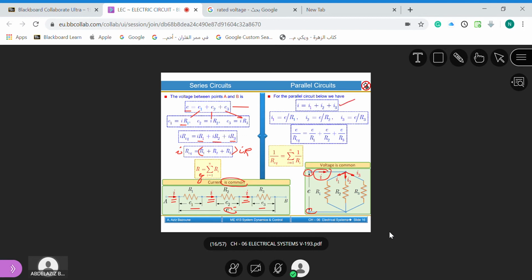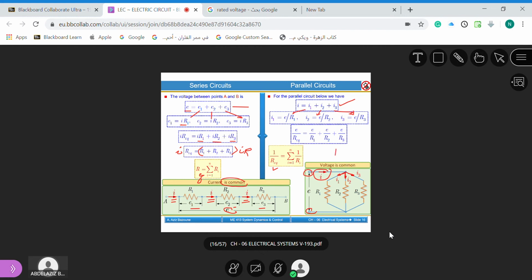We substitute I1 by E over R1, I2 by E over R2, and I3 by E over R3. So I is simply E over R. If you take E common and simplify both sides, you will have 1 over R equivalent equals the sum of 1 over Ri.